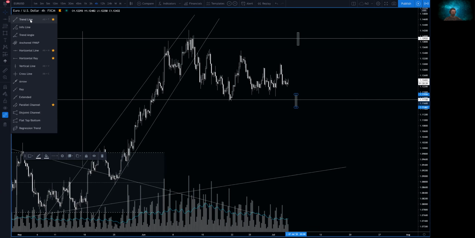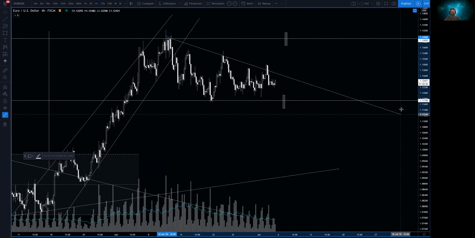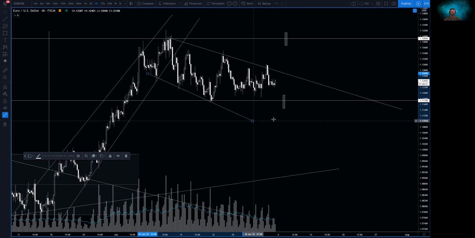If you are trading lower time frames, I'm using 4 hour right now, you can see that even this consolidation is kind of a downtrend. We have a series of lower lows and a series of lower highs, and right now it is still not broken, okay?